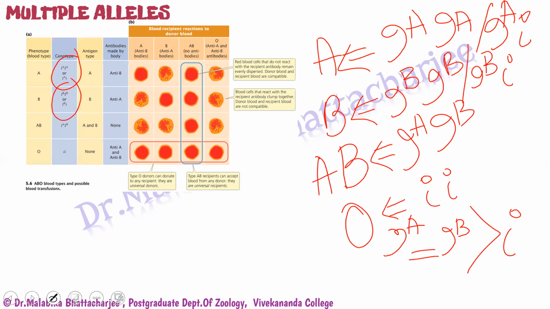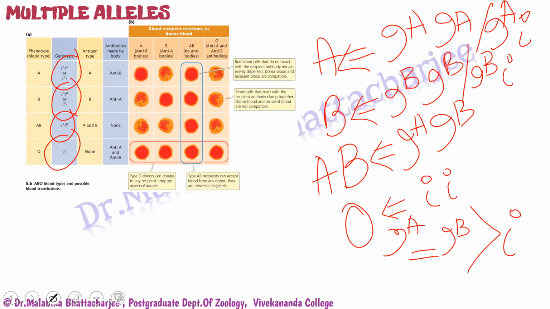B blood group: IB, IB or IB, small i. AB blood group: IA, IB. And finally, O blood group: small i, small i. So that is how the alleles are arranged and the expression they give.